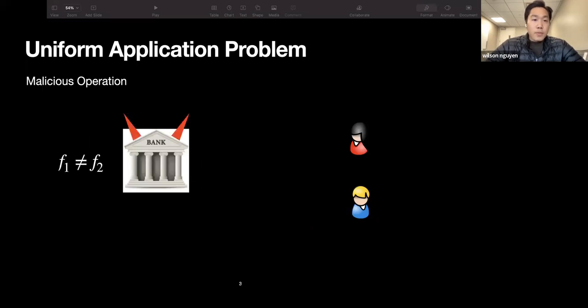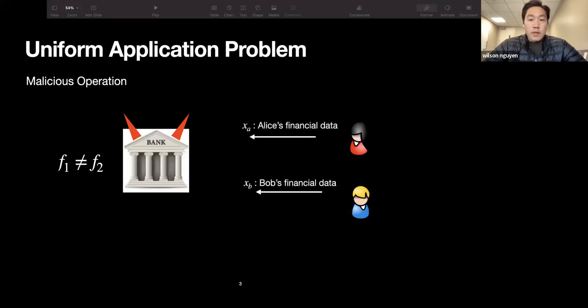But what if the bank is somehow malicious? Let there be two different functions, F1 and F2, in which F1 is an algorithm that gives very terrible credit scores, and F2 gives really nice credit scores. So based on different inputs from Alice and Bob, maybe the bank decides to apply the two different functions.